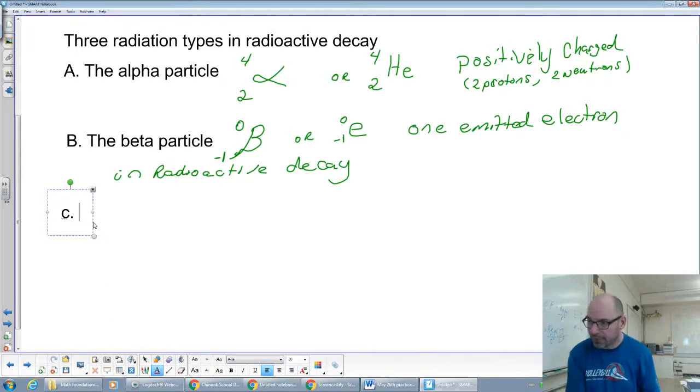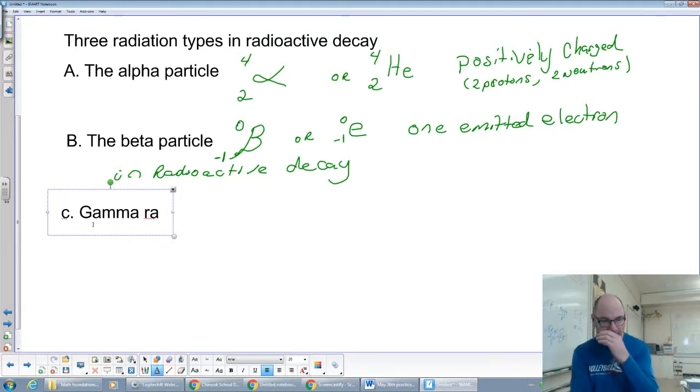See, gamma radiation. We can't call it gamma particles because it's not a particle. We'll call it gamma rays.